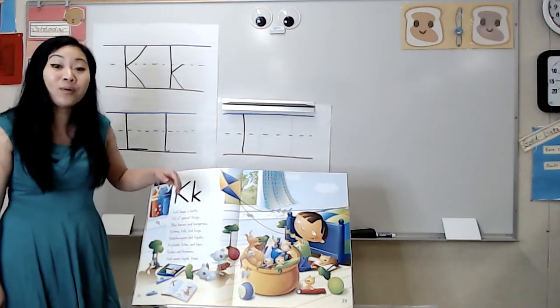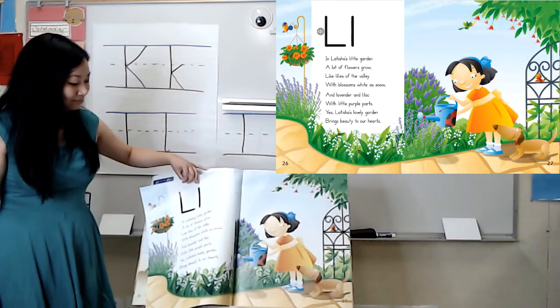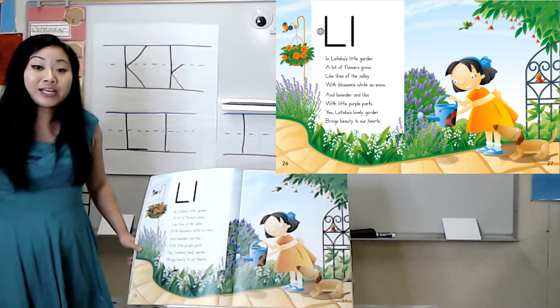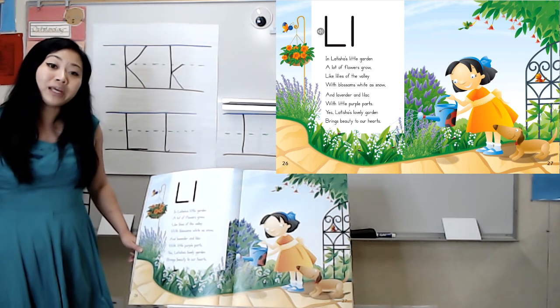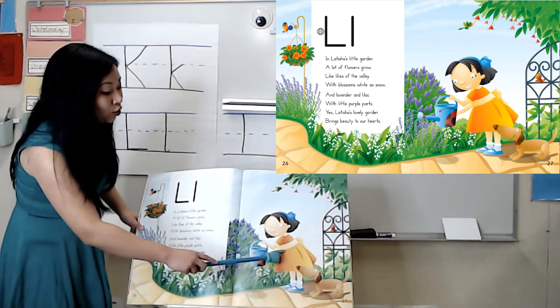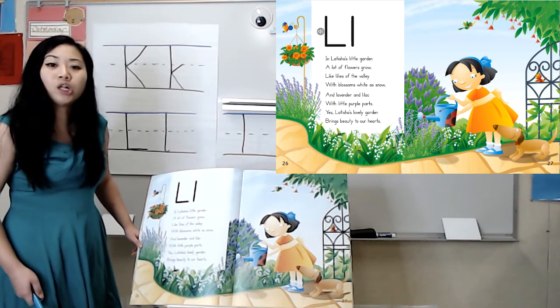Let's look at our poem for the letter L. Before we read, let's make some observations. What do you notice? You might say, I see a girl with a dog. What do you notice about the girl?